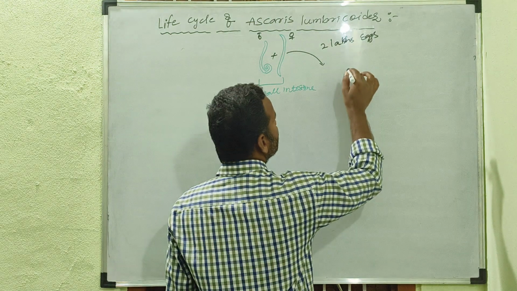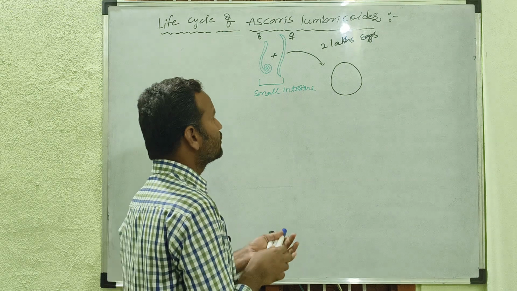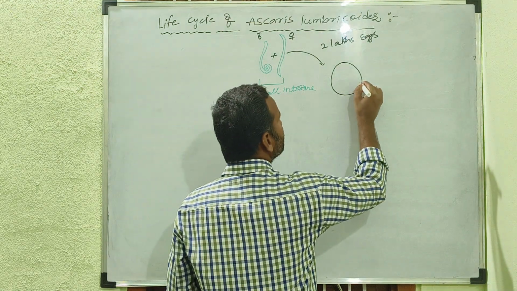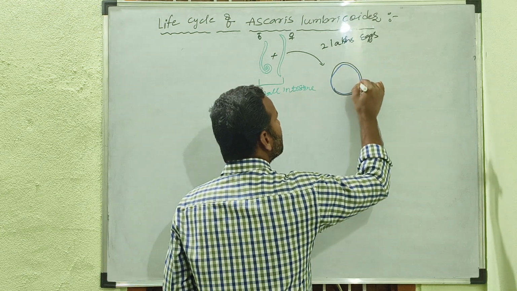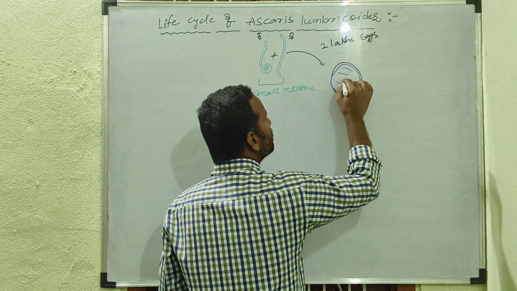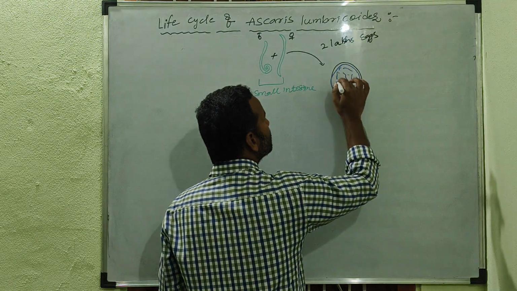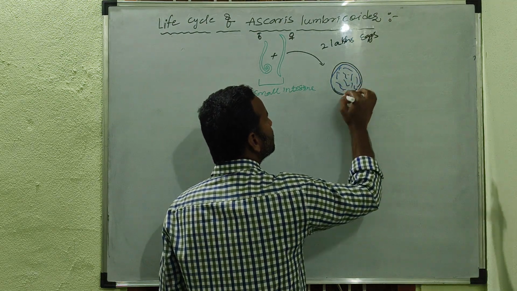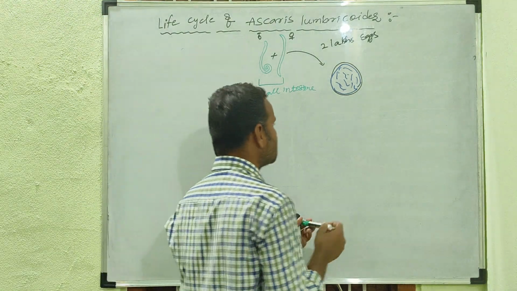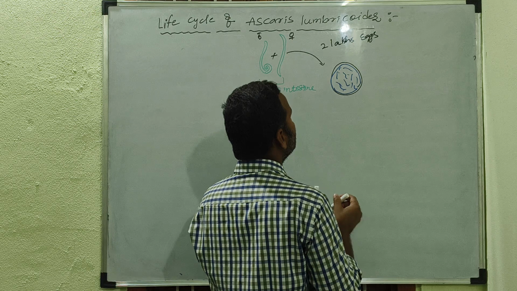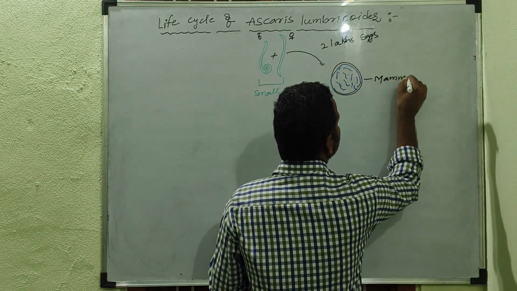This is an egg, surrounded by a protein coat with a rippled surface. Such eggs are called mammillated eggs.